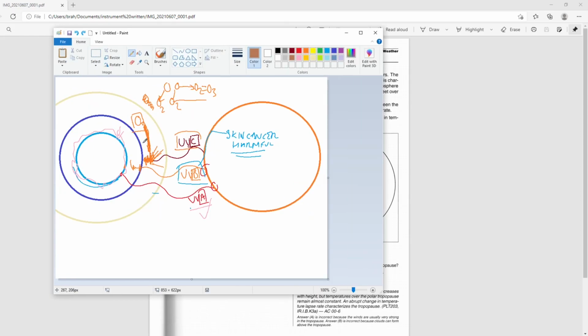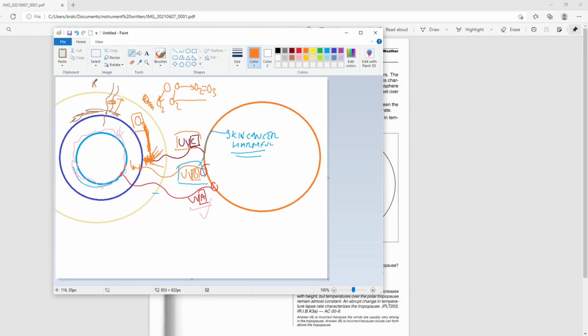This layer is pretty close to the tropopause. It's around here, let's call it. And so what happens is, despite the rays filtering through here, some of these getting caught up in here, not passing through, others passing through, as you move up, you're actually getting closer to the sun. And so what happens is you're getting the effect of these short rays.